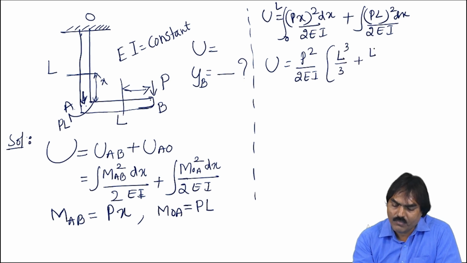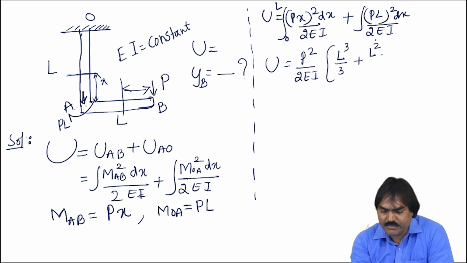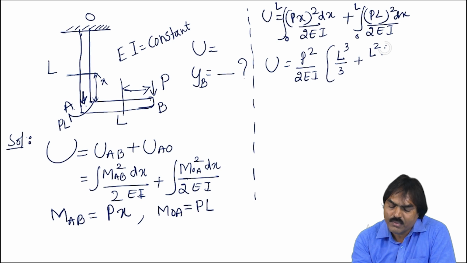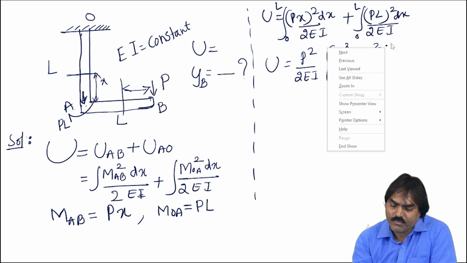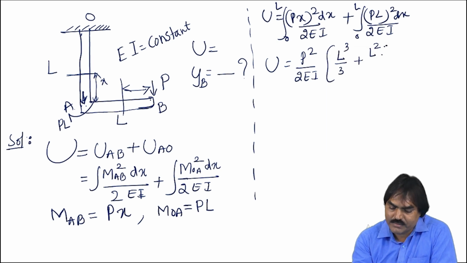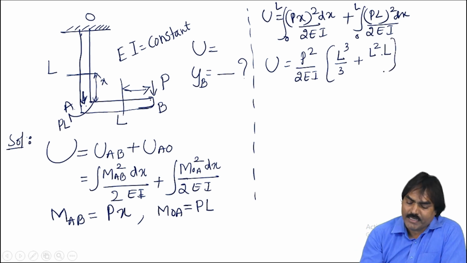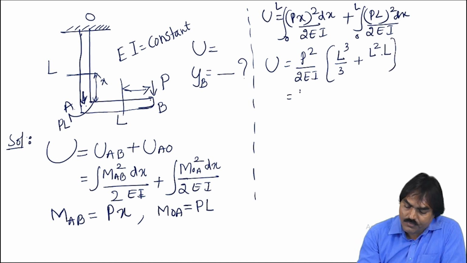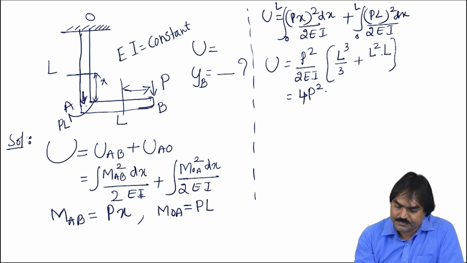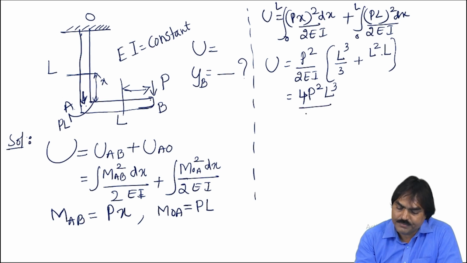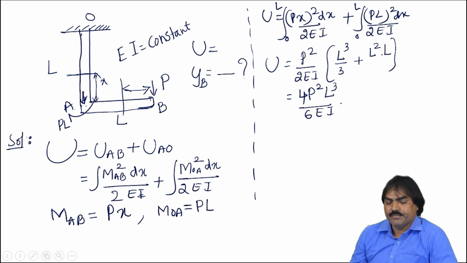Here L square into dx integration becomes x, that is L. When I cross multiply, that becomes 4P square L cube by 6EI.